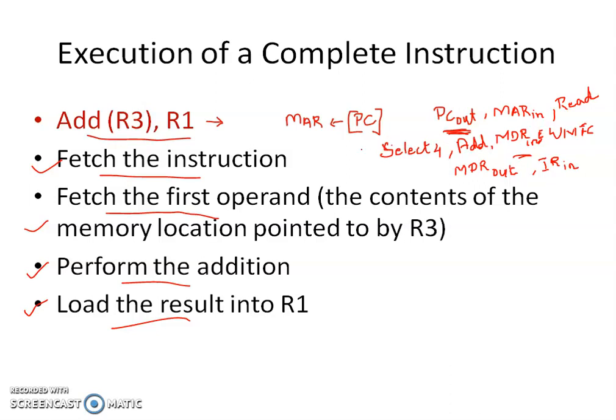Add signal. Then one more is there, that is Z in signal also will be enabled. Okay, Z in signal also will be enabled. So these are some of the signals that will be enabled in order to update this PC.